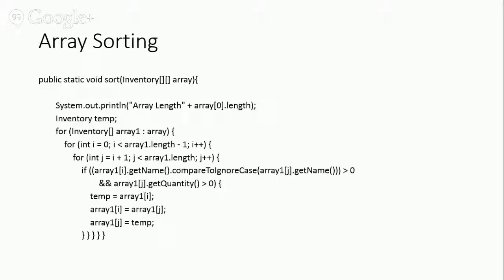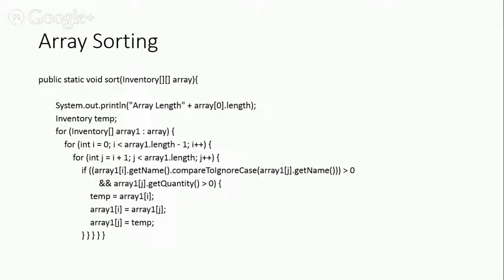Each of the for statements here will start going through each position in the array, and then the if statement in the middle there will compare the names of the specific inventory items that are in those positions as it's going through each spot of the array. It also checks to see if the quantity is greater than 0, because if they don't have any of that, then we're not going to worry about it for the moment when we're going to print out the list of items.